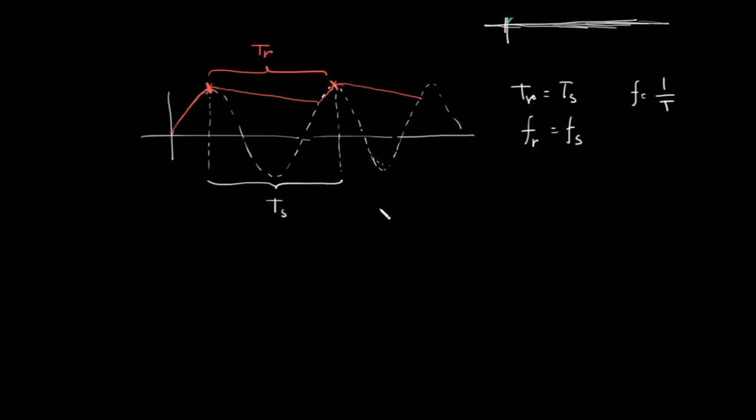Okay, so what will happen in the case of a full wave rectifier? Can you guess? Well, I guess I can draw the full wave rectifier in short. Our full wave rectifier was like this.